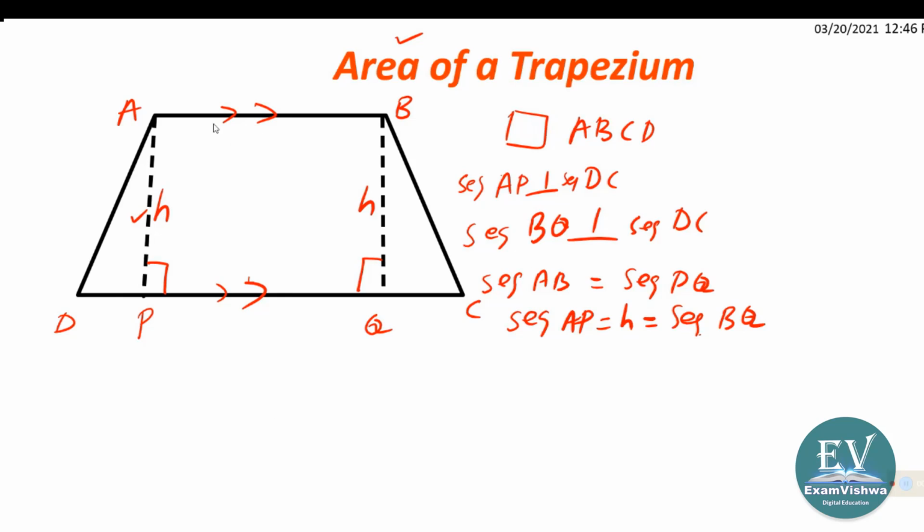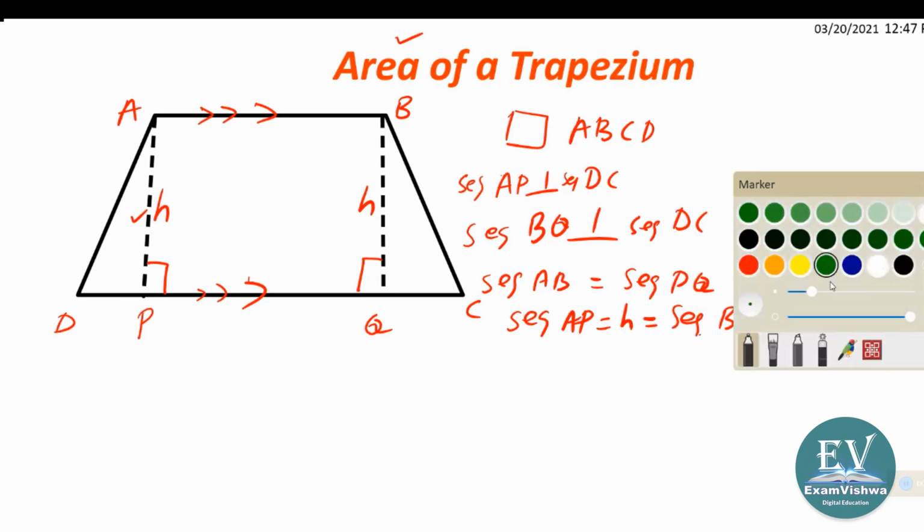We could say that AB is equal to PQ, and AP and BQ are the height over here, and DC is constituted by DP plus PQ plus QC. With all this knowledge, we are trying to calculate the area of this trapezium named ABCD.